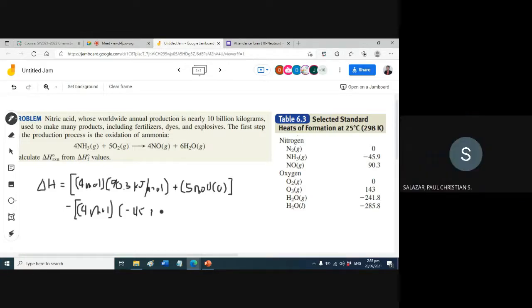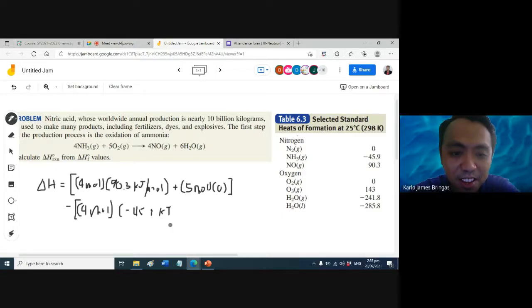Okay, I'm struggling to write it down. Ang formula natin is the products minus the reactants. So what are your products? Your products are the NO gas. So itong NO ngayon plus our, bakit nga ba? Okay, I'm really stressed with how difficult it is to write using the trackpad.